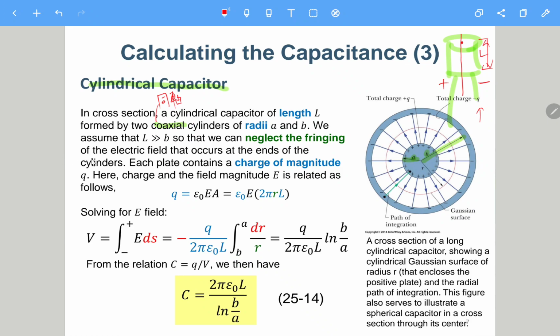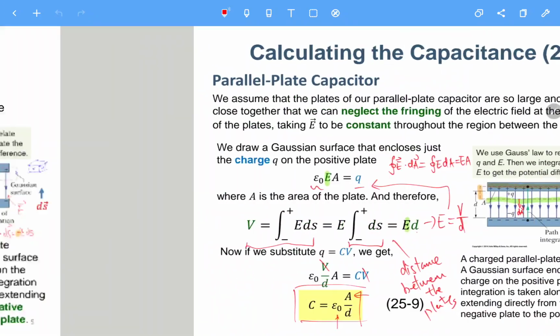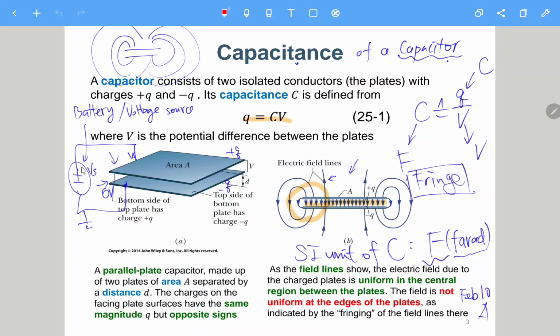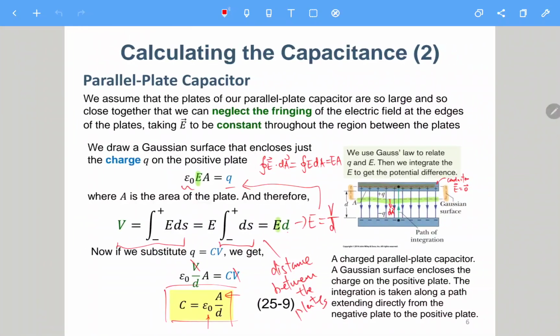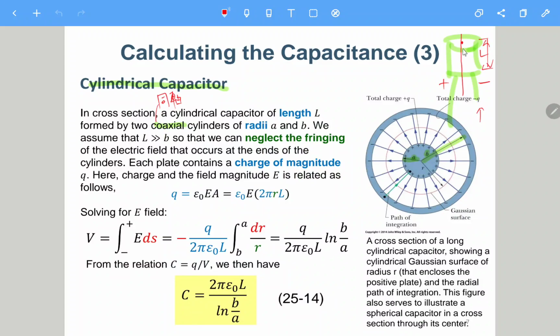Then we can neglect the fringe, similar to the parallel plate capacitor. That is not so uniform, but if this is large enough, then we can approximate the E field between the plates as uniform and outside as 0. Similar to this one, if this one is high enough, then the fringe effect is not so strong, so we can just ignore the fringe if L is much larger than B, which means that this cylinder is a tall one.